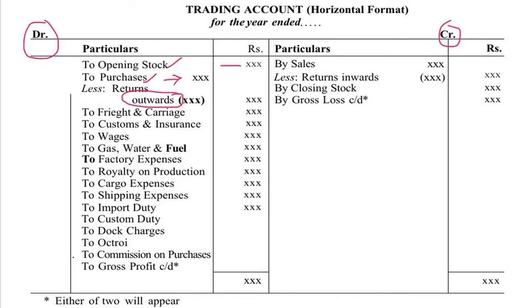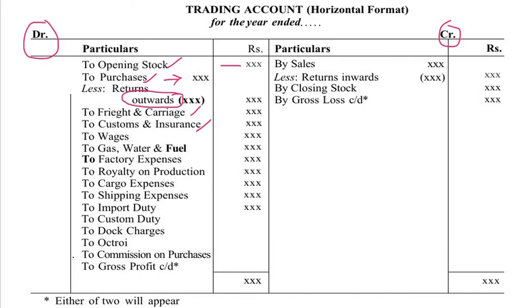Then freight and carriage, guys. This is also one type of expense for us. Carriage means for sending the goods from one place to another place, whatever charges it takes, that is called the carriage. So it also comes under the debit side. Next, customs and insurance, guys. Insurance means we are paying the insurance.